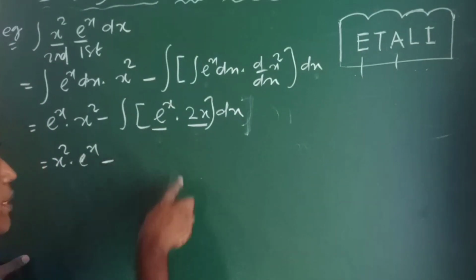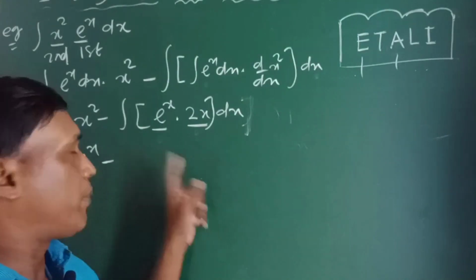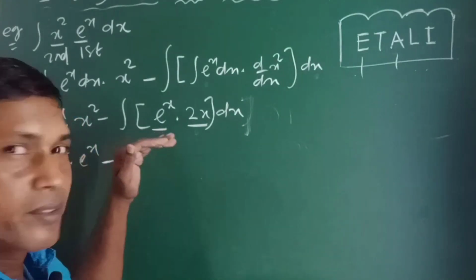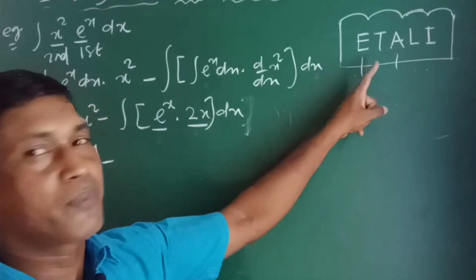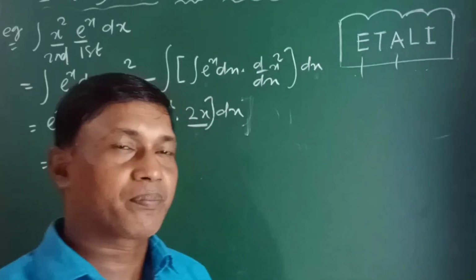If we have to apply the by parts formula, then we have to choose which is the first function and which is the second function. But students, the first and second can be selected from this ILATE order. So look at it, dear students, I want to say one thing.